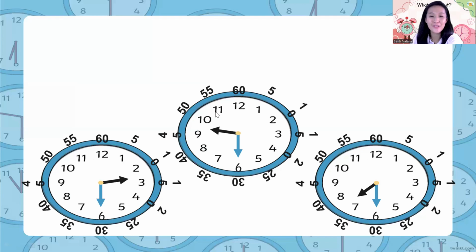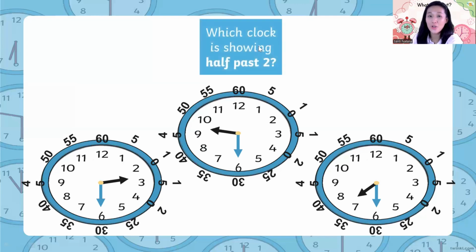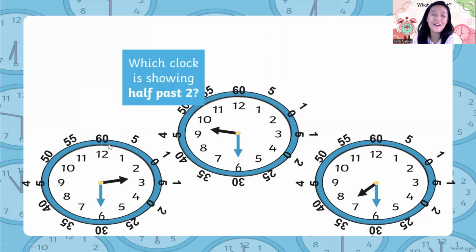Now I have 3 clocks. Which clock is showing 2:30? 2:30. So the minute hand or the long hand is pointing at 6. 2:30. So between 2 and 3. Yes, this clock.